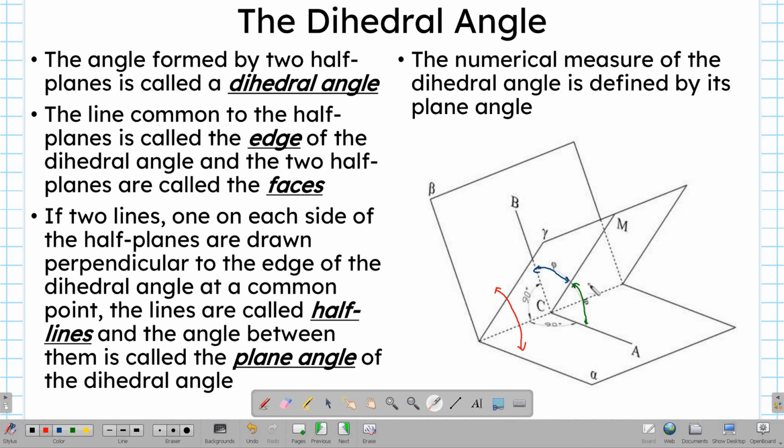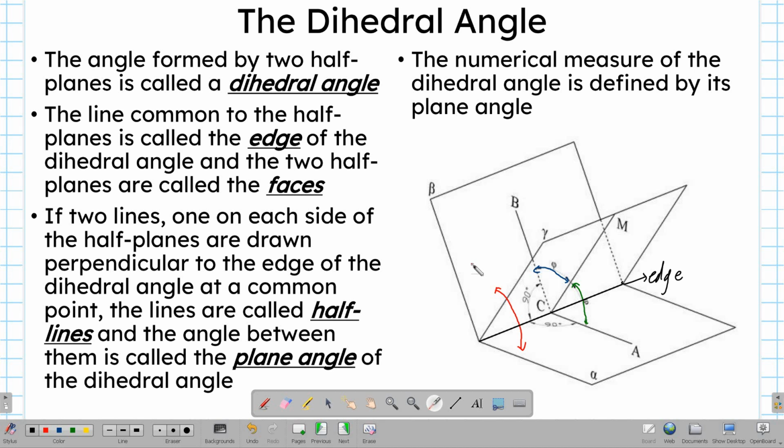So the line common to the half planes, this line here, is what we call the edge of the dihedral angle, and the two half planes are what we call the faces. So these two are the faces of the blue marked angle, these are the faces of the green marked angle, and these are the faces of the red marked angle.